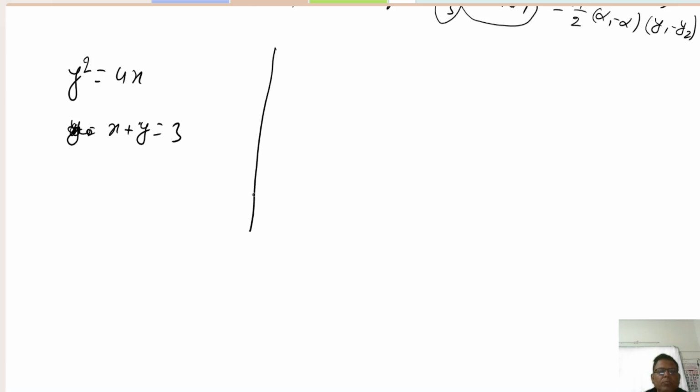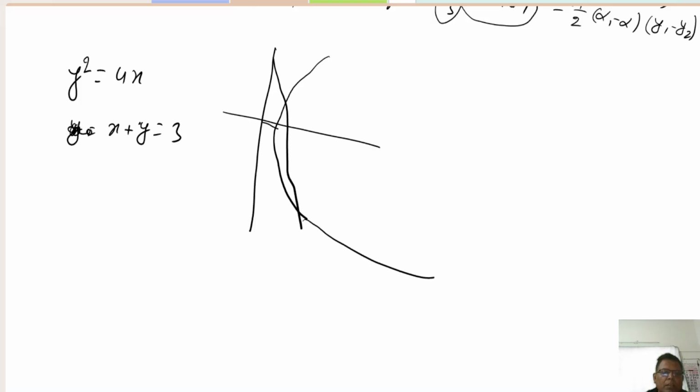So suppose this is the parabola, y square is equal to 4x, and here is the line x plus y is equal to 3. Now first we have to find the points of intersection here and here.